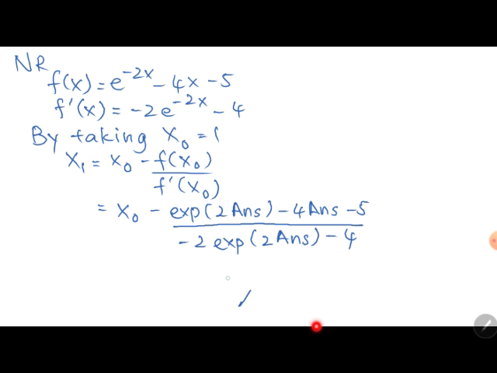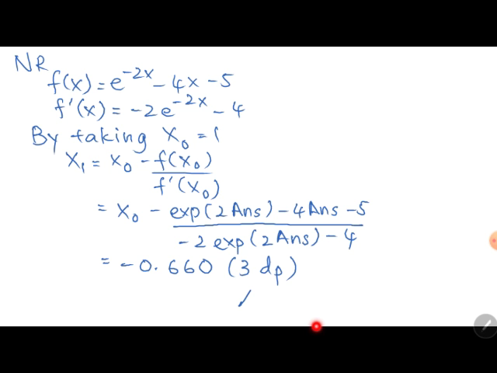The answer that your calculator should give you is negative 0.660, rounded off to 3 decimal places. Your final answer is in 2 decimal places, so you keep 3 decimal places in your solution.